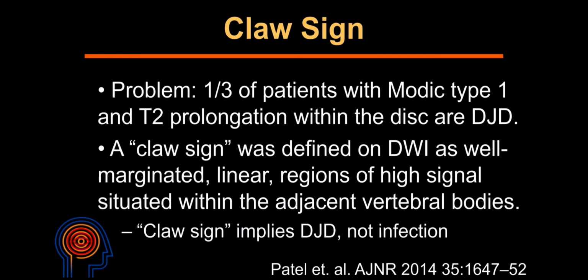So he applied diffusion imaging and described the claw sign. It's important to really wrap your head around this claw sign because it may not be that intuitive. It's defined as well-marginated, linear regions of high signal within the adjacent vertebral bodies, not necessarily right at the end plate. And a positive claw sign is degenerative disease, not infection.